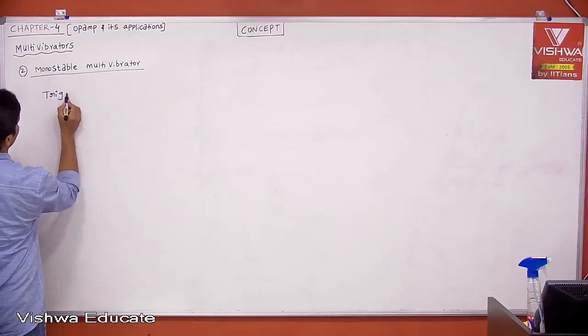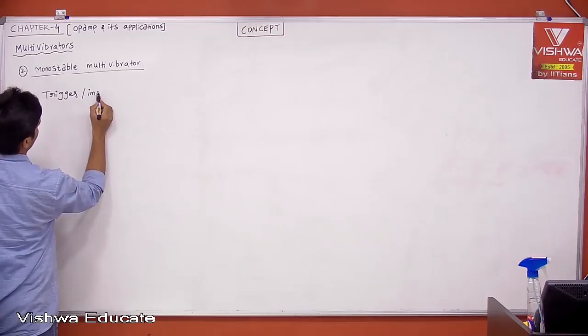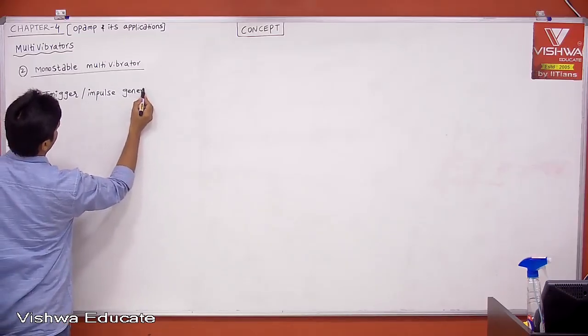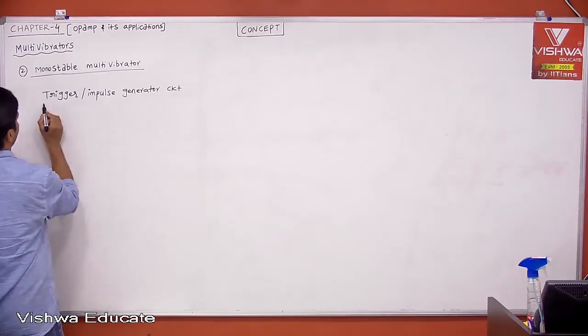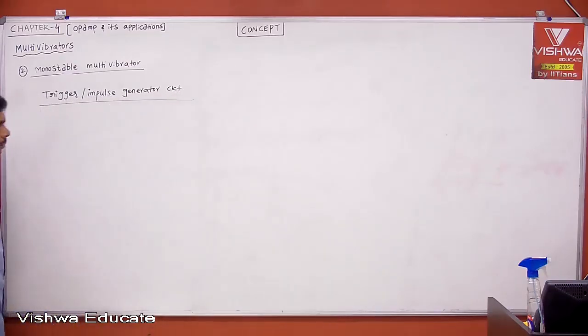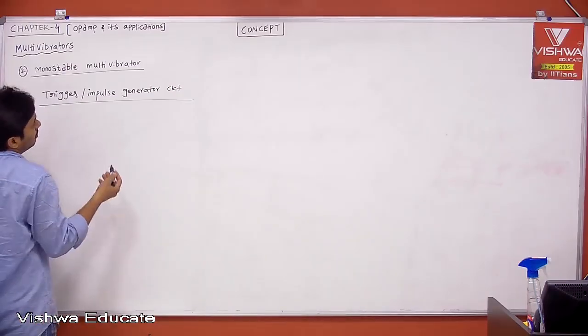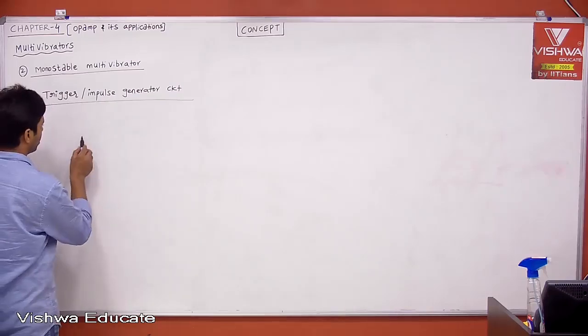Ideally people call it an impulse generator, trigger or impulse generator circuit. Just listen. If you want impulse or trigger, we want spikes, therefore a differentiator.